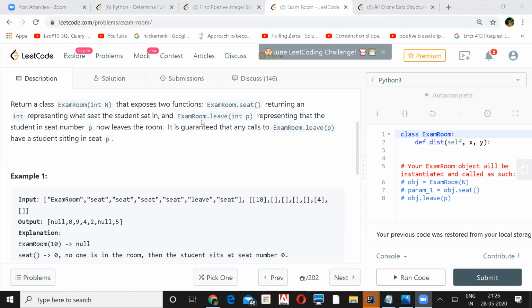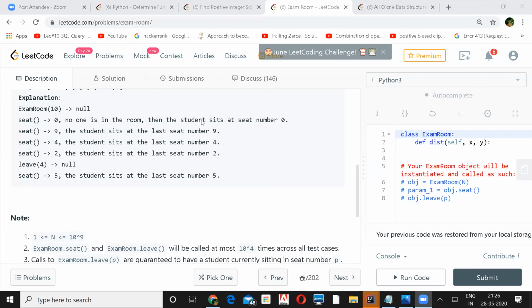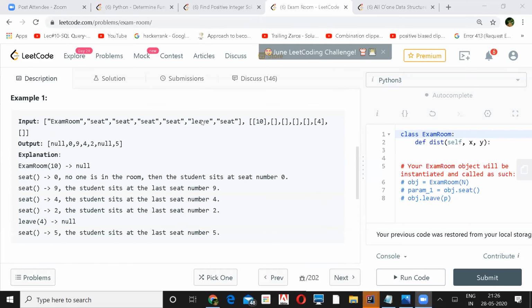Seat returns a seat number. And the way you do the seating arrangement is: first will go to the 0th position, second will go to the maximum distance, every time one comes in. So you will try to keep the maximum distance between two persons sitting in the room, right?